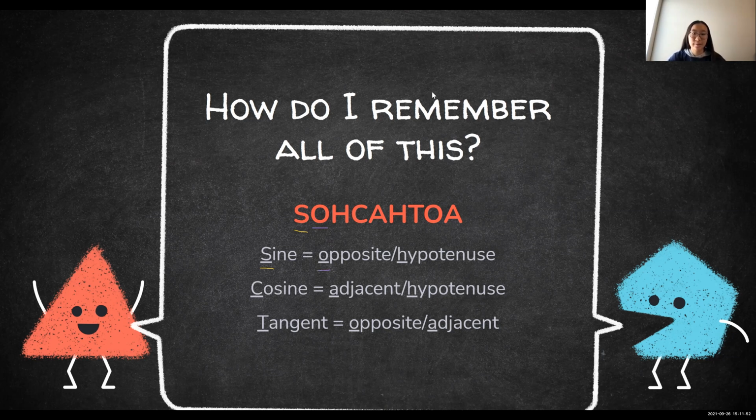Cosine is adjacent over hypotenuse, so that's CAH. And then tangent, TOA. This is something you should write down right now. Make sure you have all of the trig ratios written down. You can write down SOH CAH TOA or just say it to yourself a few times.